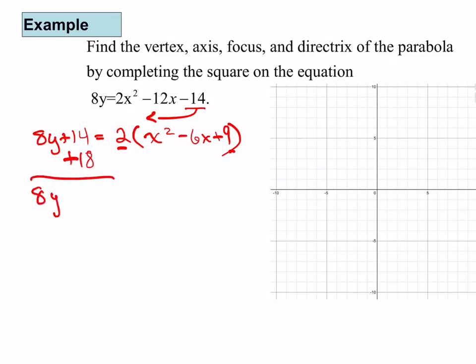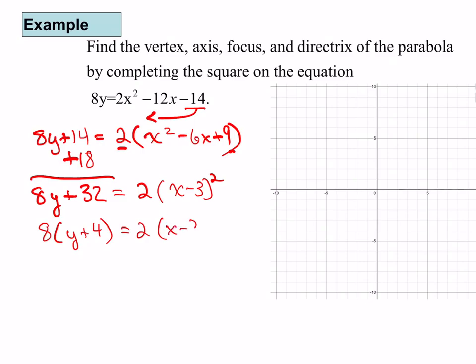So we get 8y plus 32 equals 2 times (x minus 3) squared. And then 8 times (y plus 4) equals 2 times (x minus 3) squared.